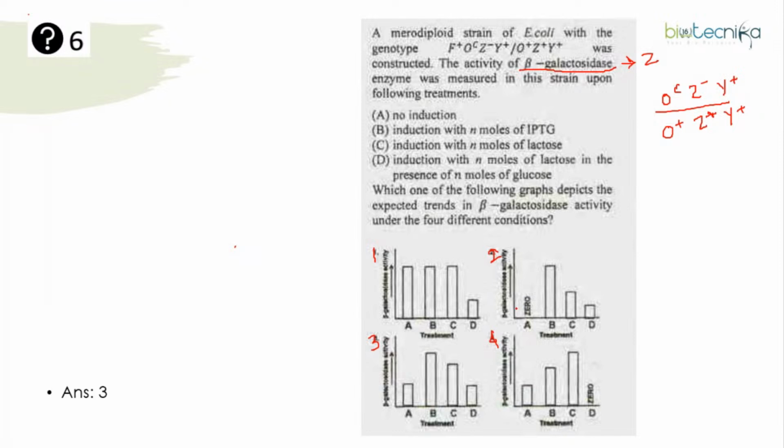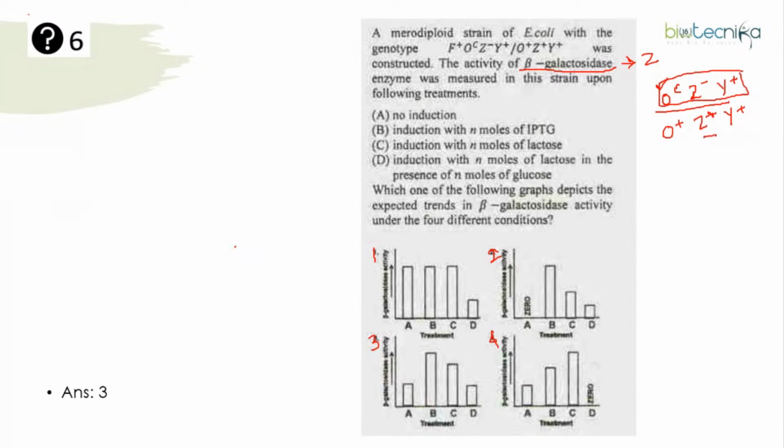Okay, so let us understand. First, there is no induction. So when there is no induction, first let us look at this merodiploid condition. Here, even though the operator is constitutive, so the repressor won't be able to bind here, you don't have the beta galactosidase gene, right? So you're not going to get anything out of this particular construct.